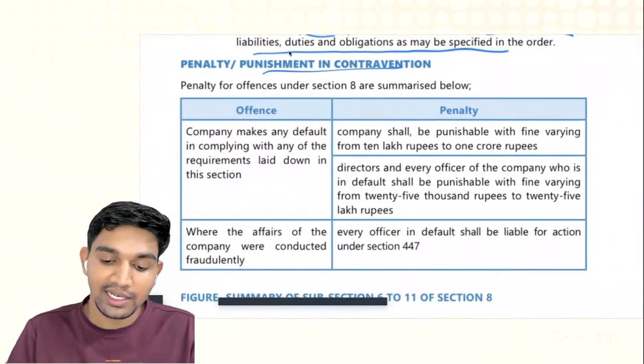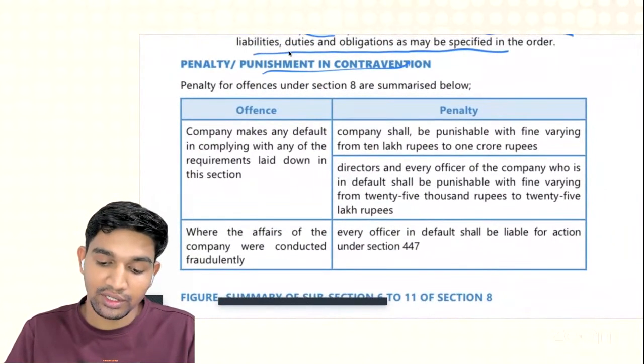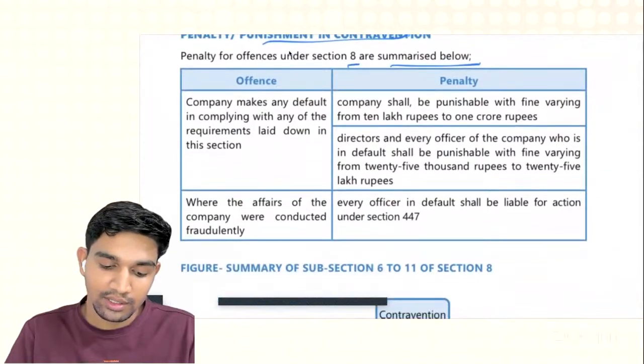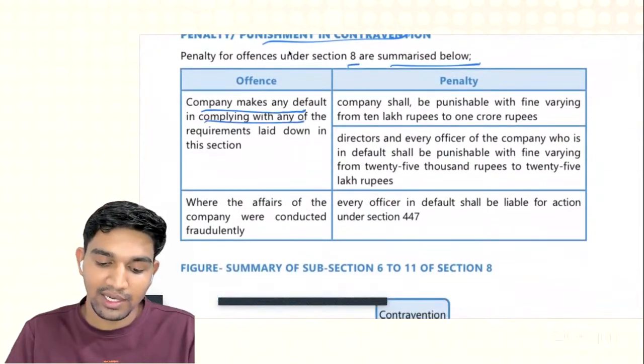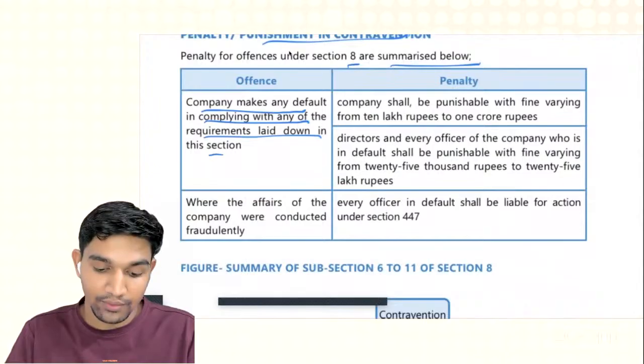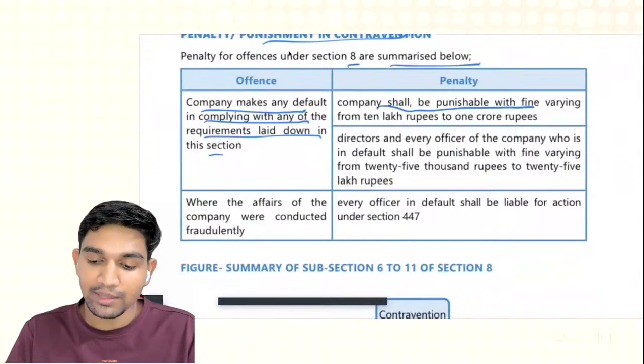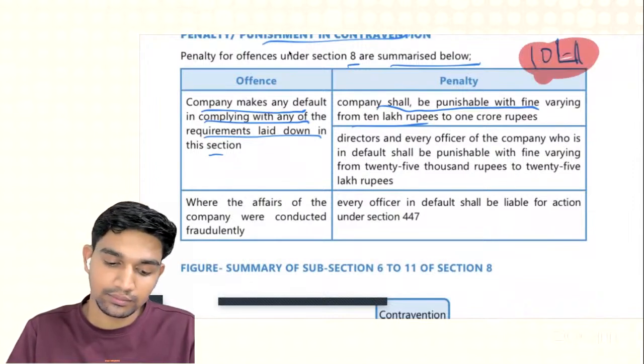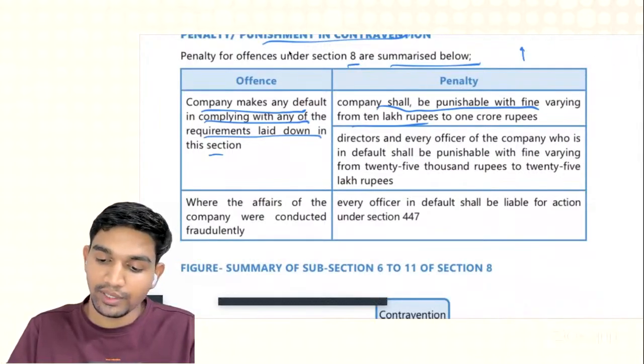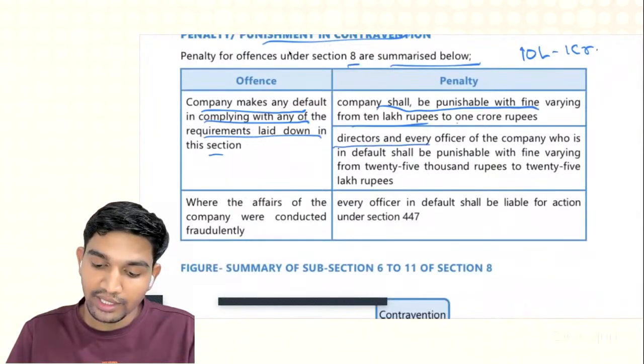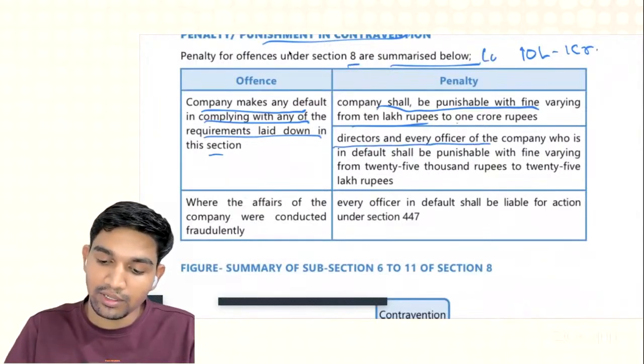Here we will see the penalty and punishment for contravention of Section 8, summarized below. If the company makes any default in complying with any of the requirements laid down in this section, the company shall be punishable with a fine varying from 10 lakh to 1 crore rupees. So this is for the company.